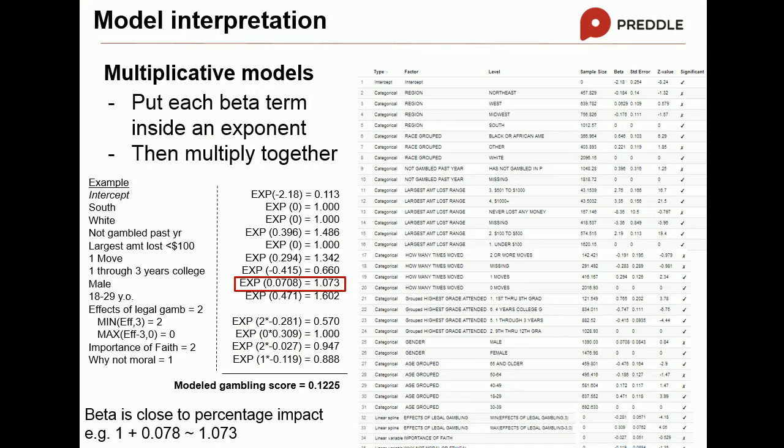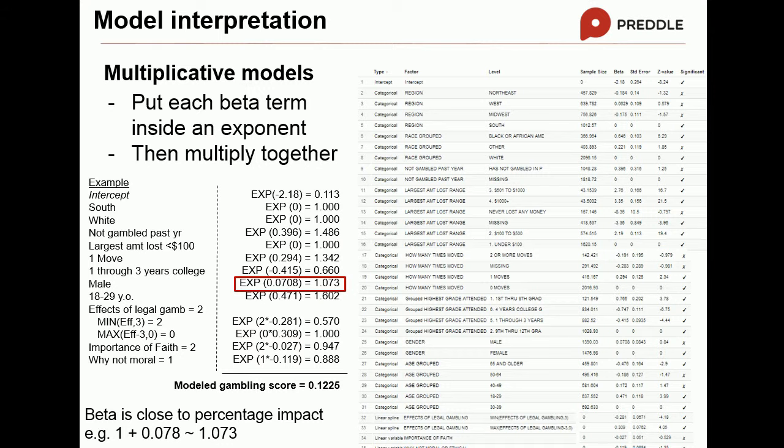When eyeballing the charts during the modeling process and looking at the gender predictor, you can think of the effect of being male as increasing the gambling score by about 7%. When we exponentiate it here, the exact multiplier is 1.073, which is a 7.3% increase on the gambling score compared to individuals at the base level for this predictor.